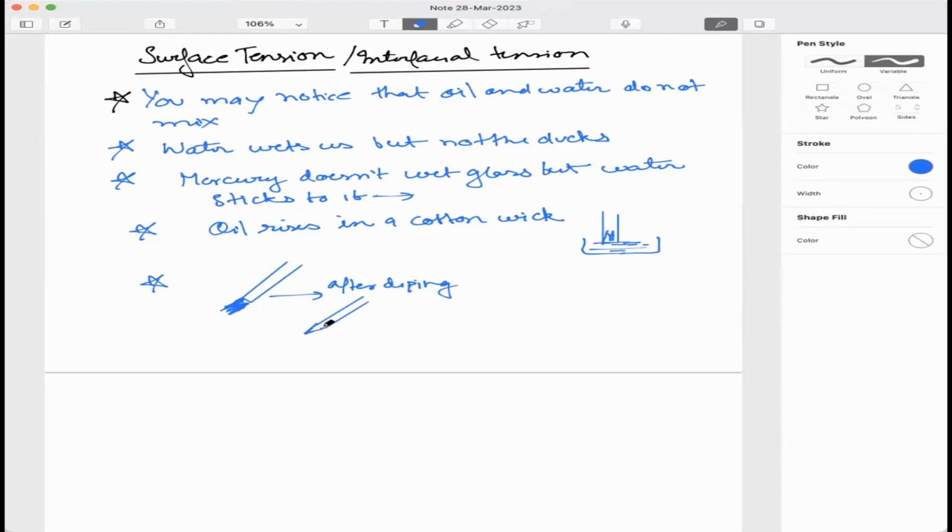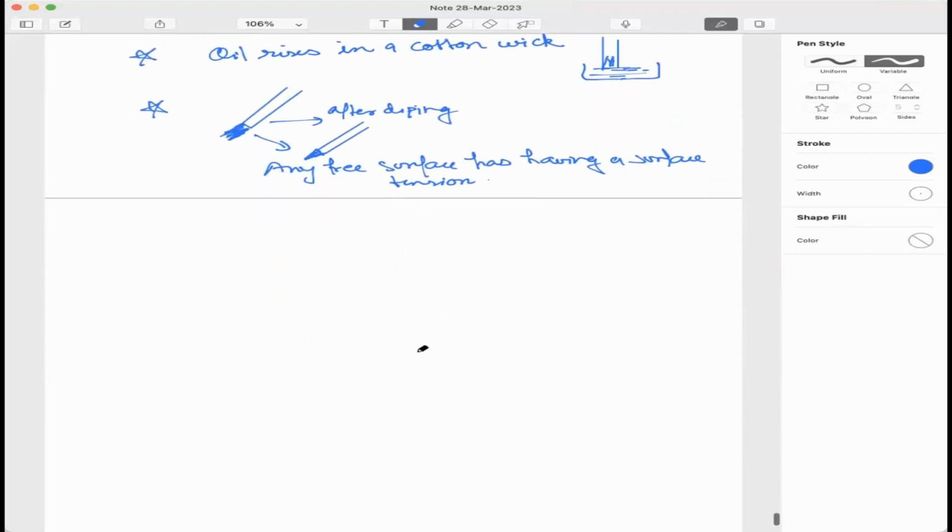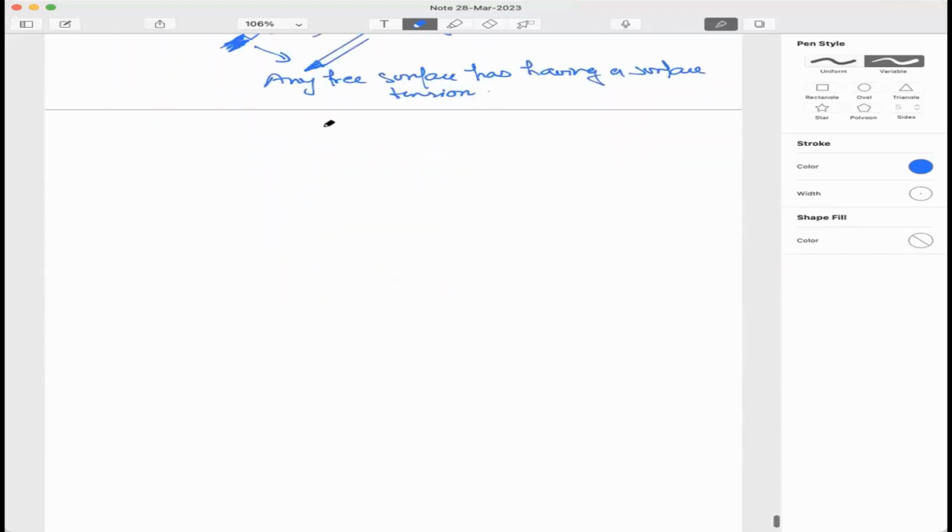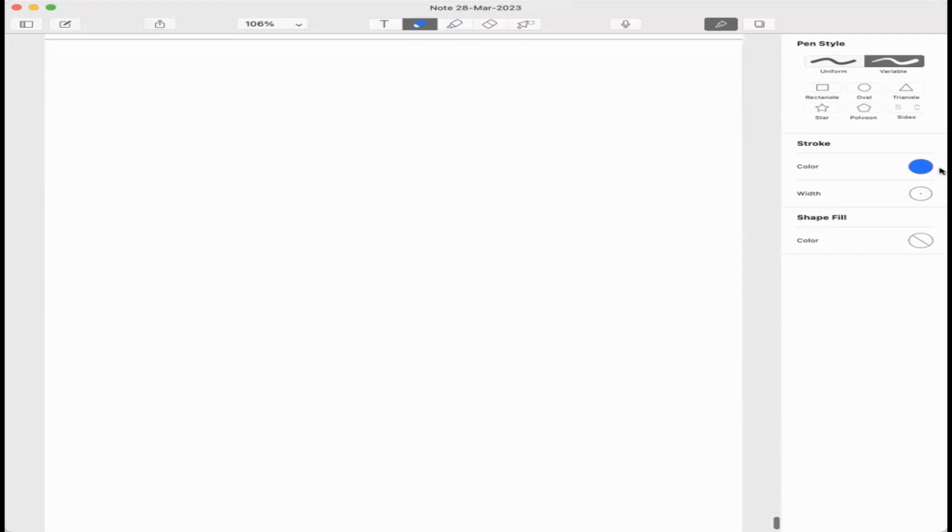So these thread-like hairs take a conical shape with a fine tip. That is the effect of surface tension. So basically any free surface has a surface tension. Okay. So before going to the next part, I am giving you one question, try to solve it.